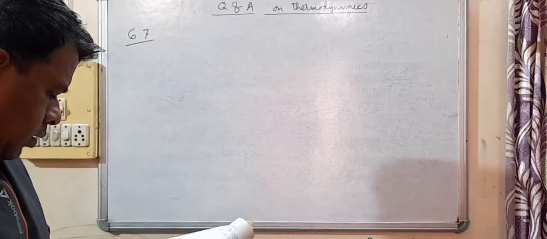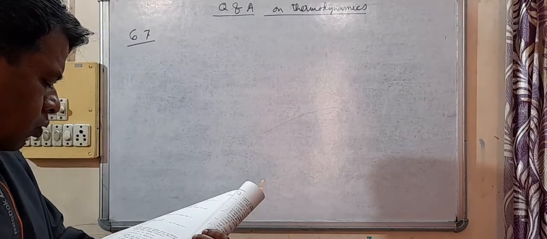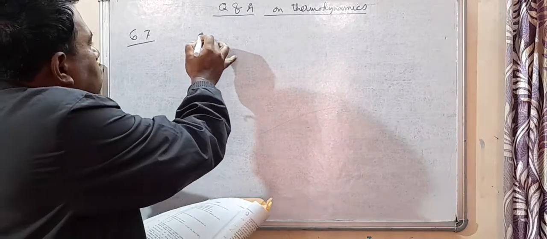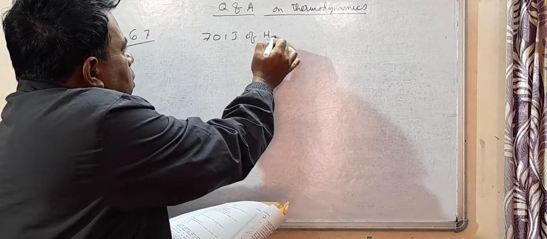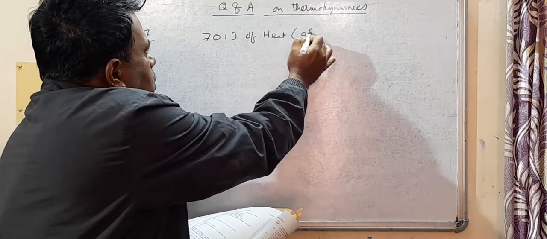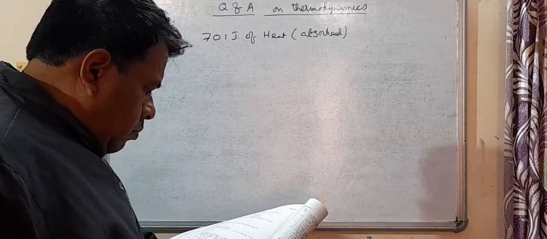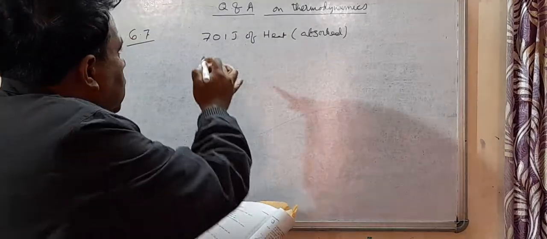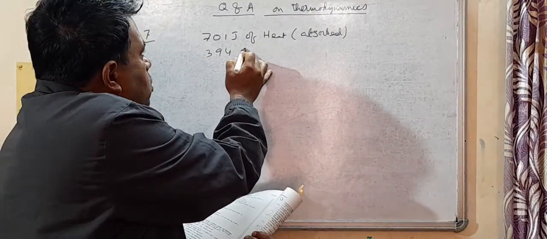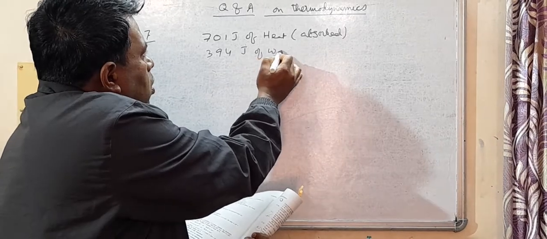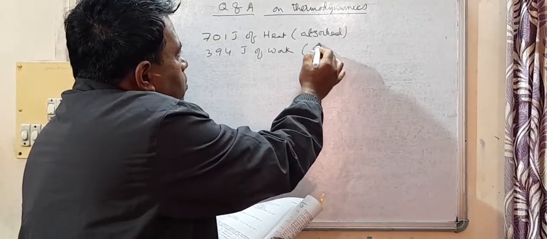It says that in a process 701 joules of heat is absorbed by a system, and 394 joules of work is done by the system.